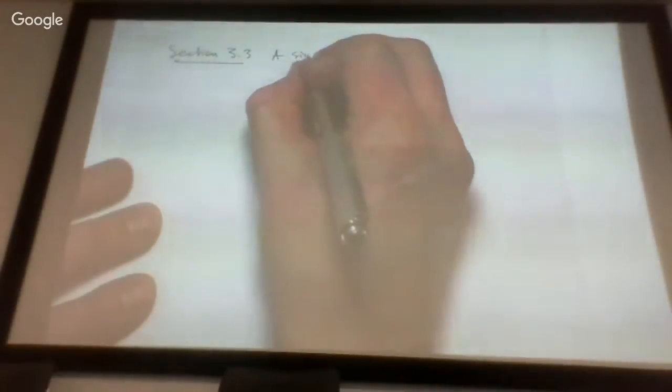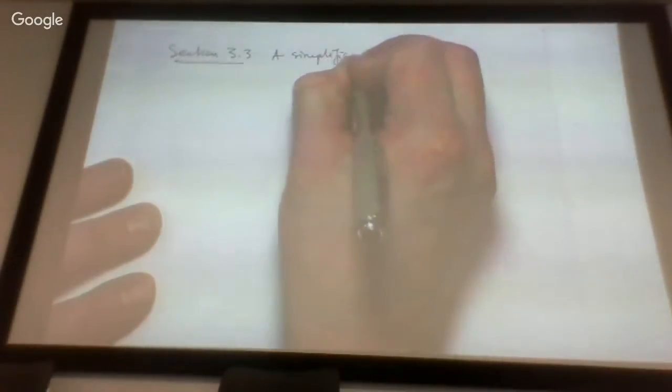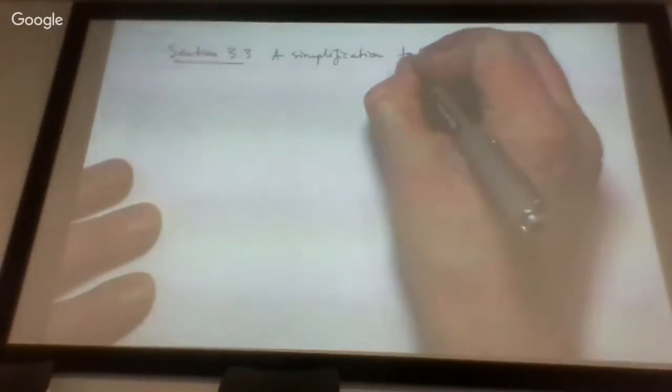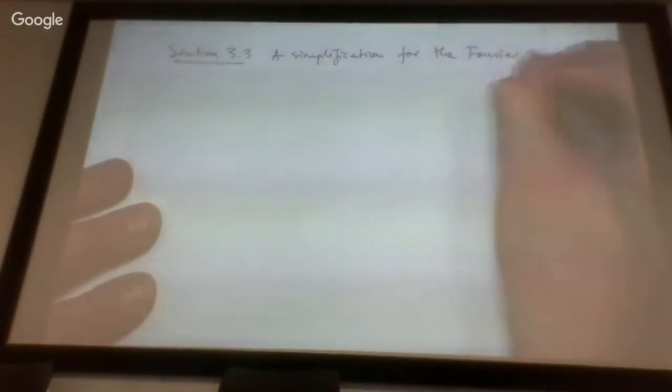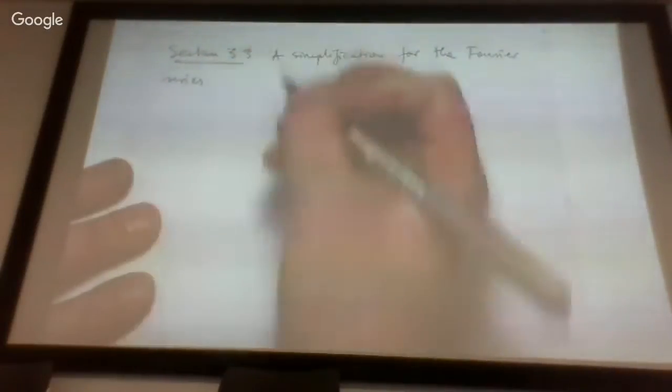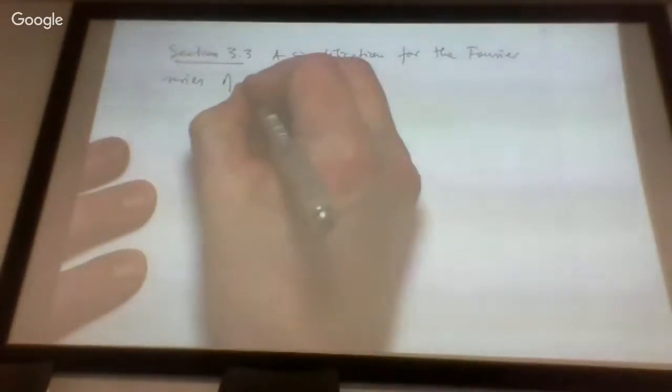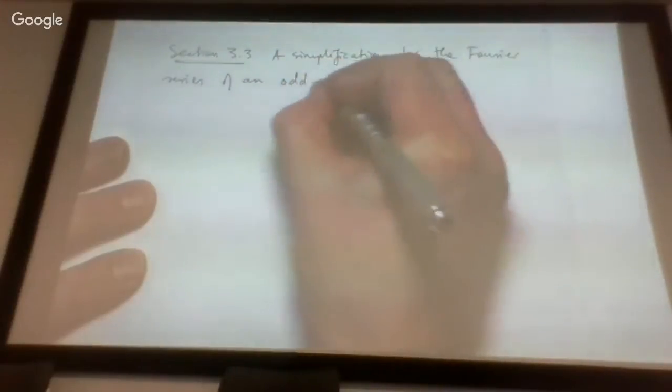So this is a simplification for the Fourier series of an odd or even function. In case you haven't met it before or you've forgotten, we're going to review here what an odd or even function is.